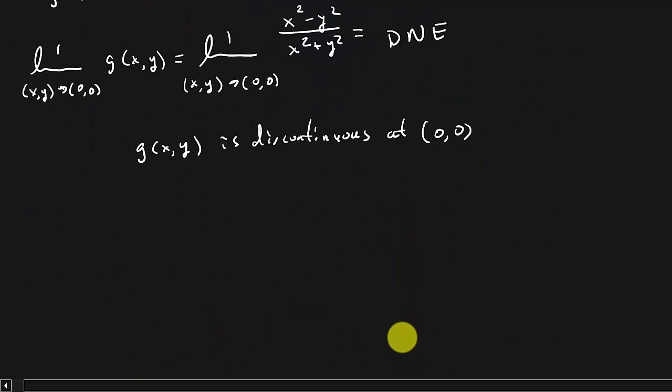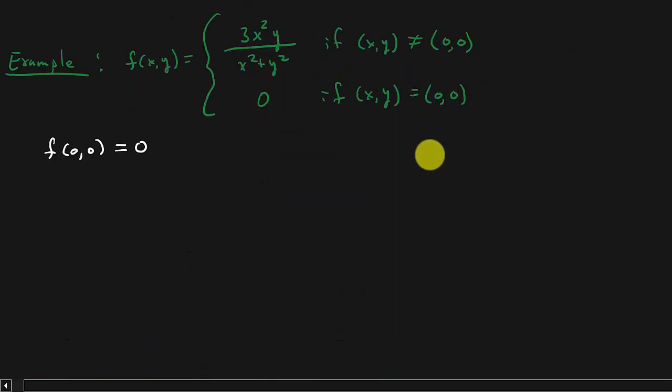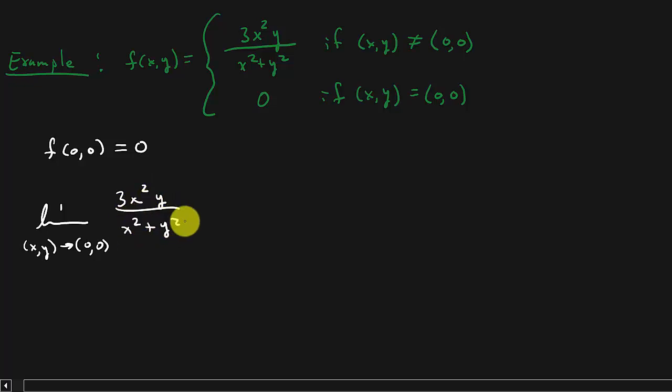All right. Well, I don't want to do that again. And of course, I know we already know it's 0, but let's suppose we didn't. So let's find the limit as (x, y) goes to (0, 0) of 3x squared y over (x squared plus y squared).